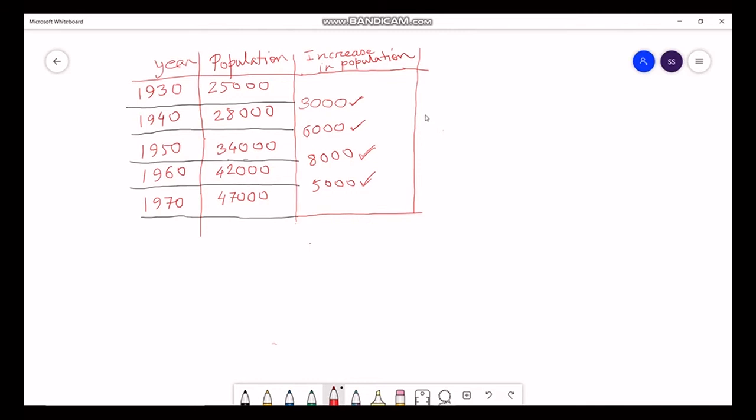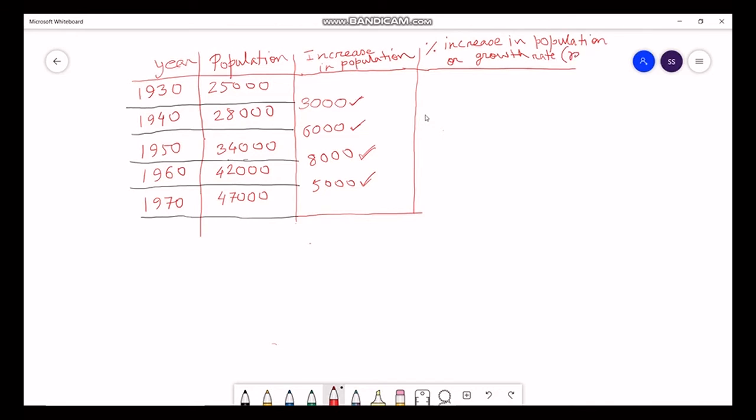So now we have to calculate the percent increase in population, or we call it growth rate.